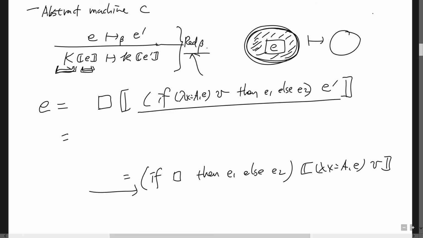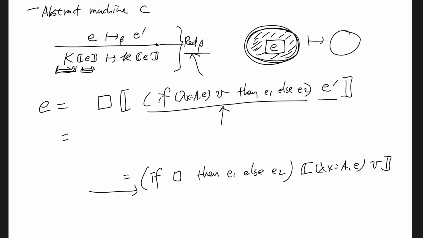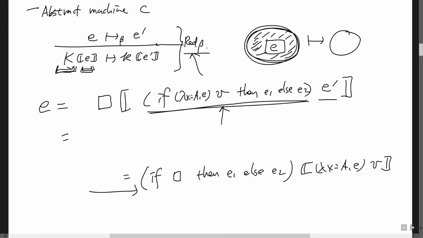Next, the machine thinks I'm going to analyze this expression, but it is an expression applied to expression E prime. So I want to analyze the first expression to see what it is. So it goes into the first sub-expression.